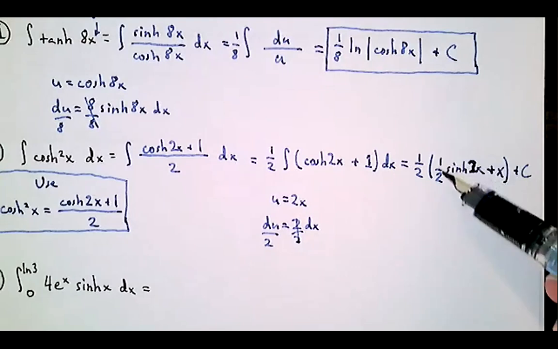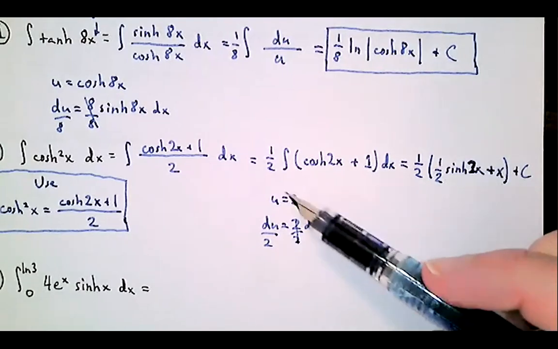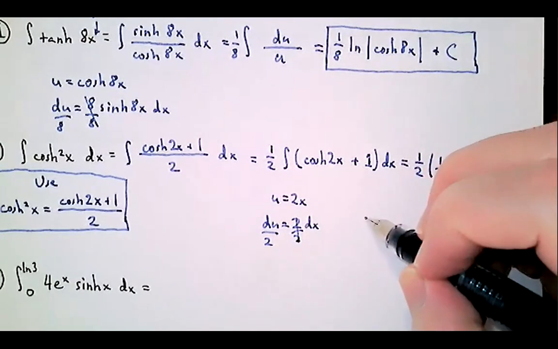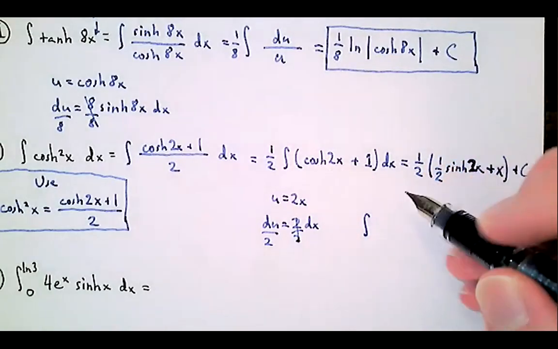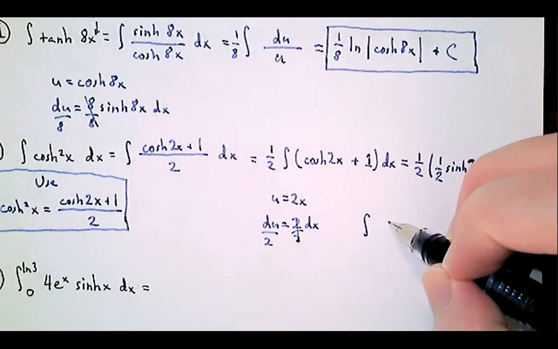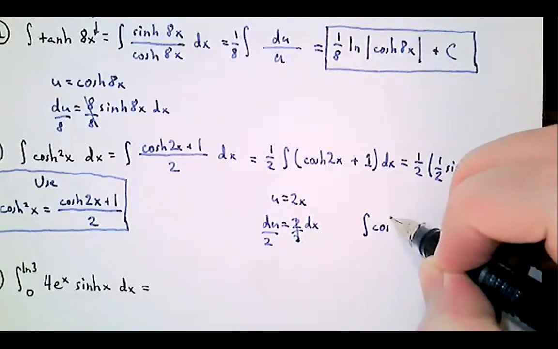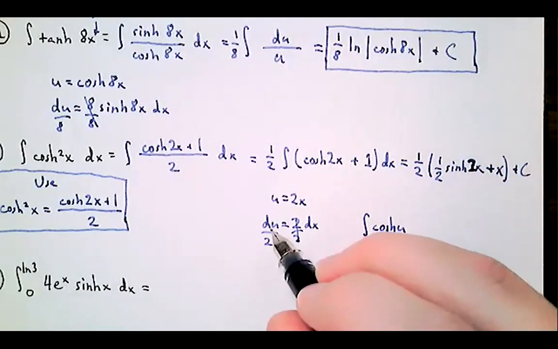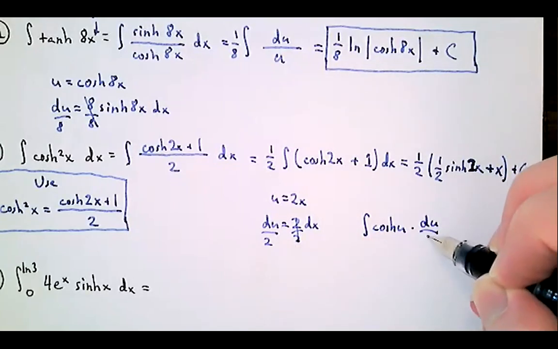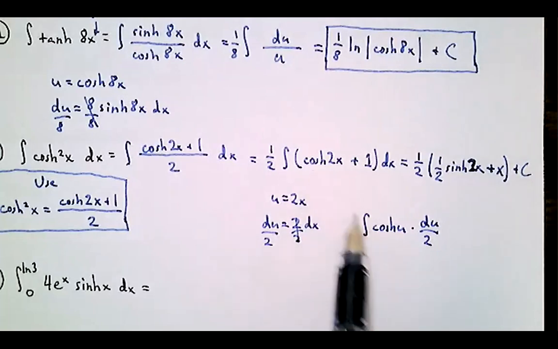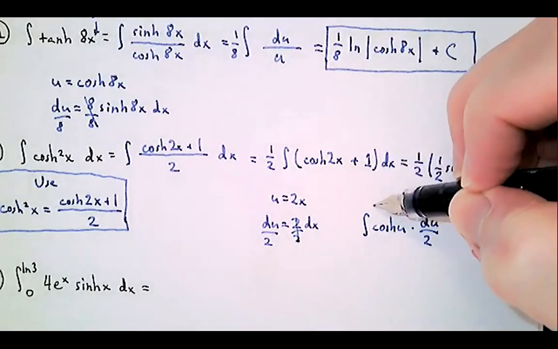Okay, so we could have added a little bit more detail to our work here. So remember what we're doing is we're saying that cosh of 2x is the same as cosh of u, and then we have a 1/2 du, or a du over 2. So this is the substitution that's going on here.